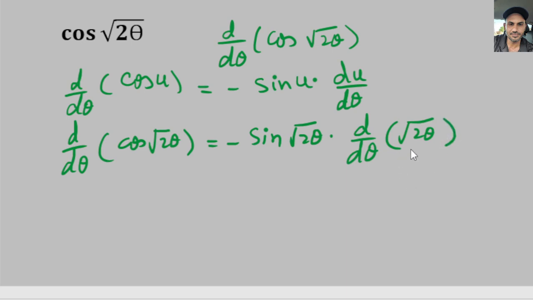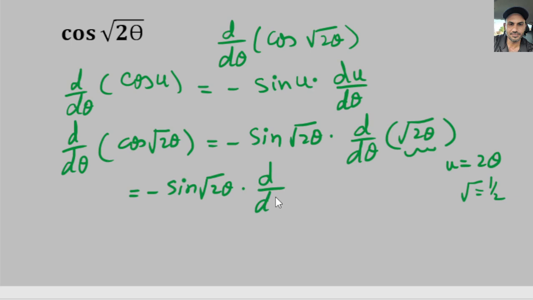Now here we have another chain rule, and u equals 2 theta here. So we're going to take the derivative here, and for square root I'm going to use the exponent 1/2. We can rewrite it as negative sine of square root of 2 theta times d over d theta of 2 theta to the 1/2 power.